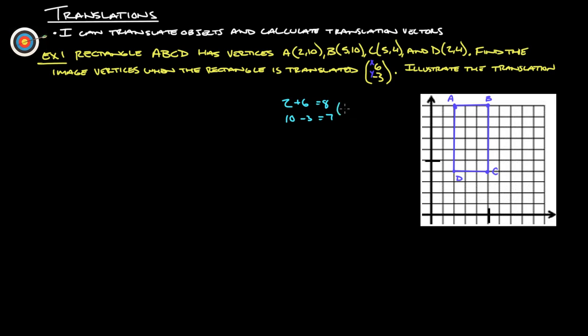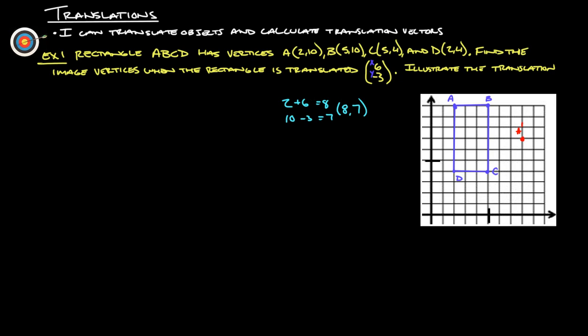So the new translated point for A is going to be 8 and 7. Okay, so let's put that maybe in red. So now A, 2, 10, is turned into 8, 7. So there's our new A, and we can call that A prime.